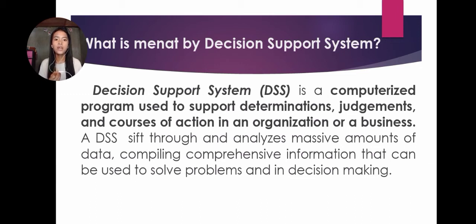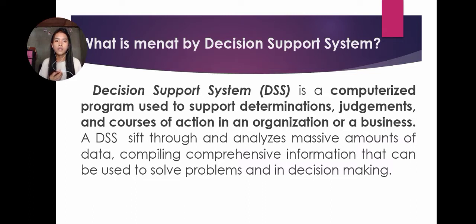It's a computerized program used to support determinations, judgments, and courses of action in an organization or a business. So the decision support system is a computerized program used to support determinations, judgments, and courses of action in an organization or a business.